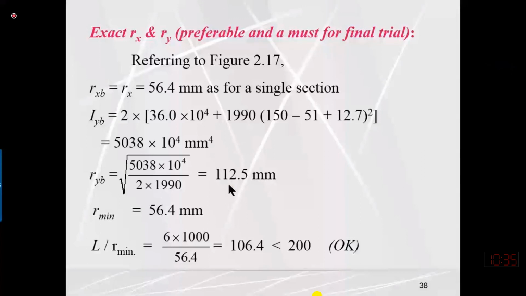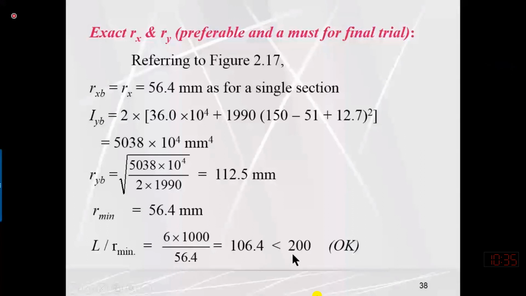We have Rxb and Ryb. R minimum is the lesser value of these two, so the lesser value is 56.4. So we will compute the slenderness ratio L over R minimum, which is 6 multiplied by 1000 to convert to millimeter, divided by R minimum. The answer is 106.4, which is less than 200.